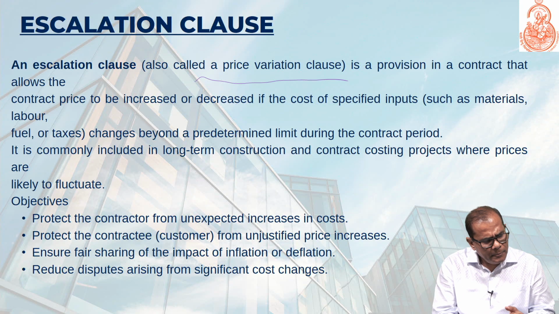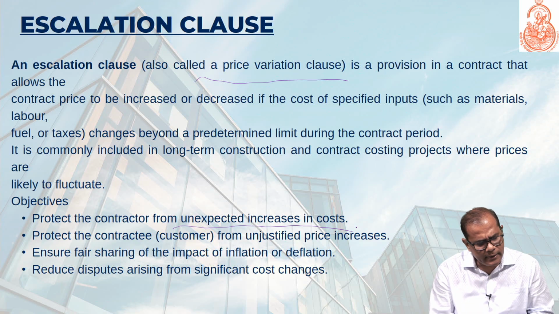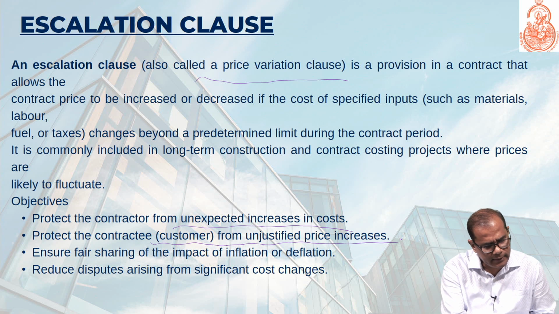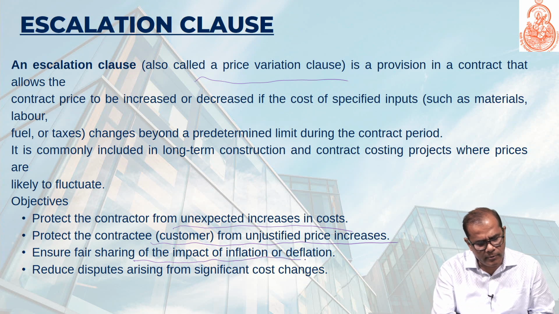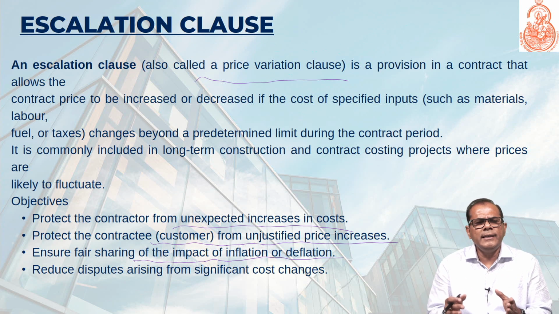There are different objectives: to protect the contractor from unexpected increase in cost, to protect the contractee from unjustified price increases, and to ensure fair sharing of the impact of inflation or deflation. We all know the price rise is because of inflationary pressure in the economy.